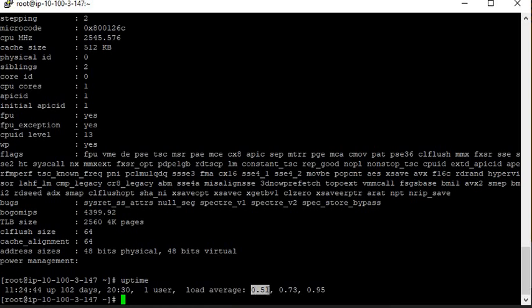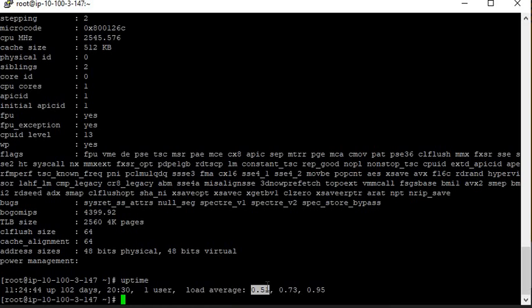And when it reaches 1.0, then you need to figure out and fix what is causing the increase in the load average. But if it is more than 1, that means you need to fix it either by increasing the processor or by fixing the application which is consuming more resources.